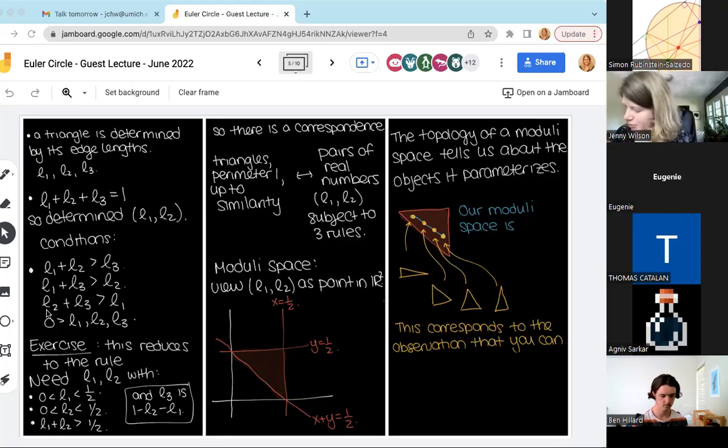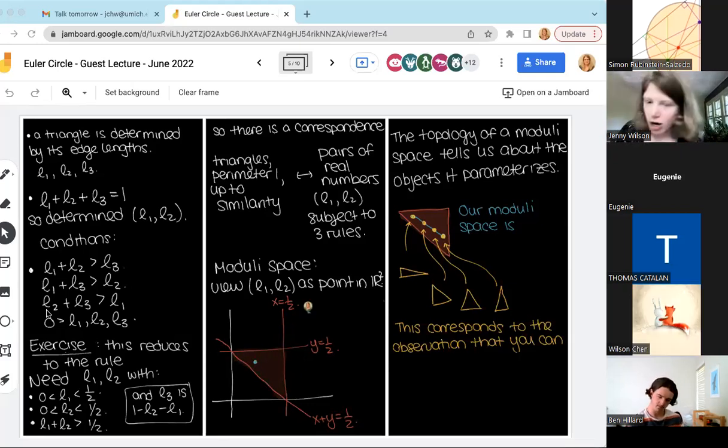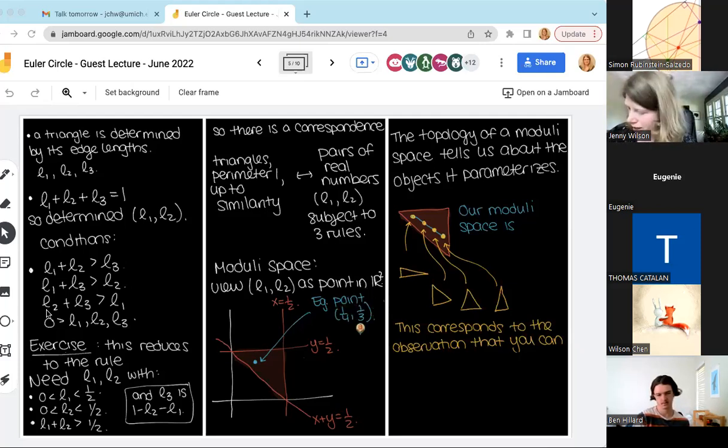And as promised, every point in this moduli space corresponds to a triangle. So here, let's say this is the point, I don't know, 1/4, 1/3. Then this point corresponds to a triangle.